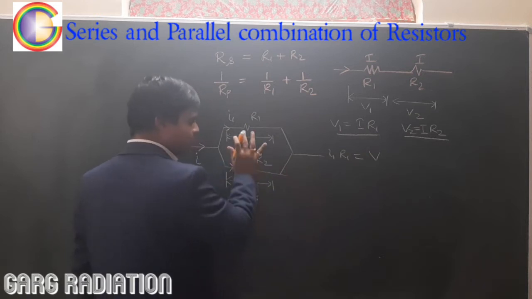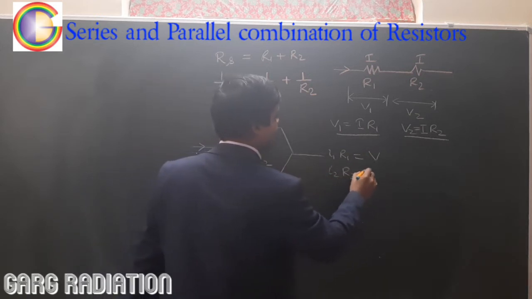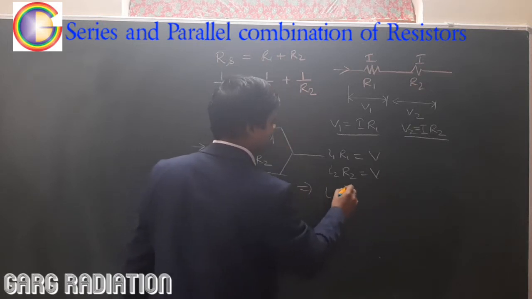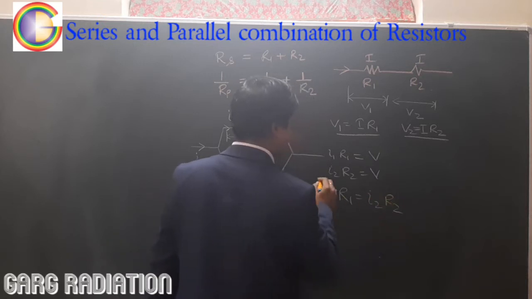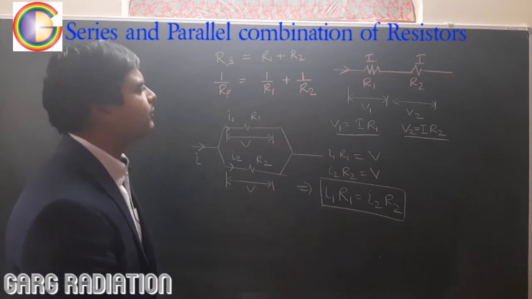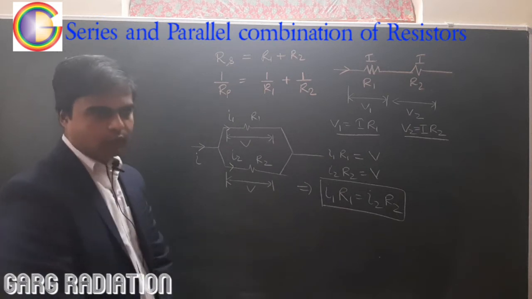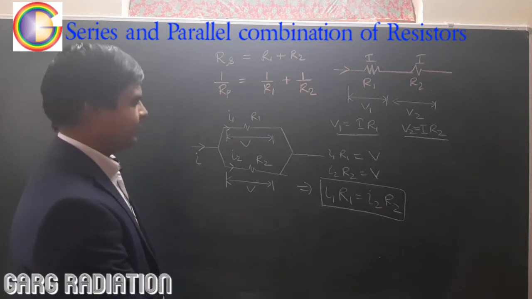Since the two potential differences are equal, I2 R2 will also give the same V. So what do we conclude? I1 R1 equals I2 R2. This is the relation we get. Based on these relations, we will be finding the current through the resistances and so on. We will discuss them one by one in detail.